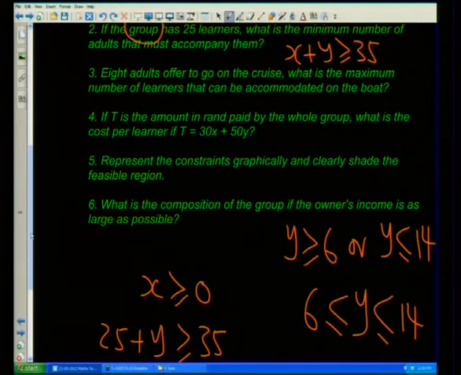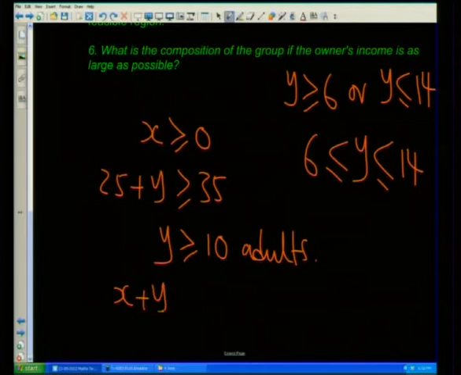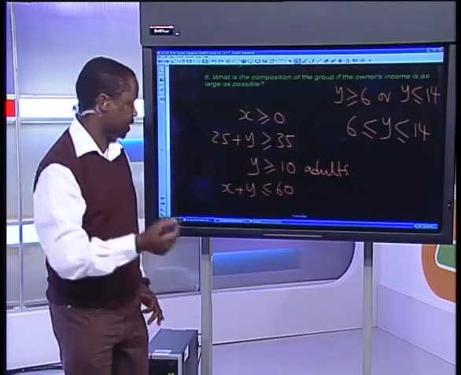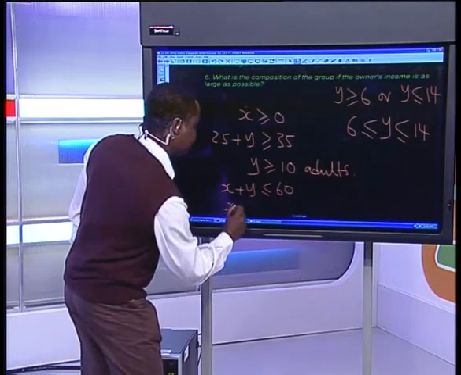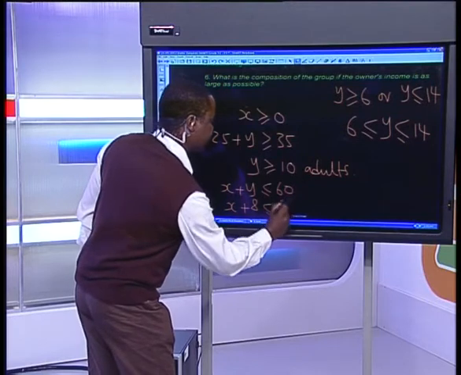So on the maximum side, we've got x plus y is supposed to be less than or equal to 60. But now if you have y equal to 8, which means the number of adults is 8, we're going to say x plus 8 must now be less than or equal to 60.